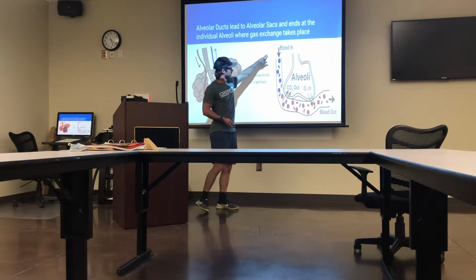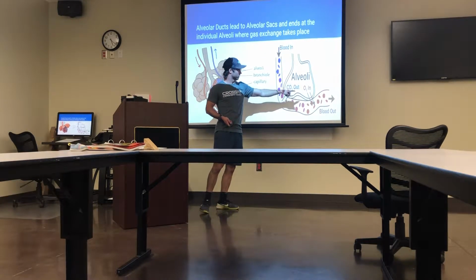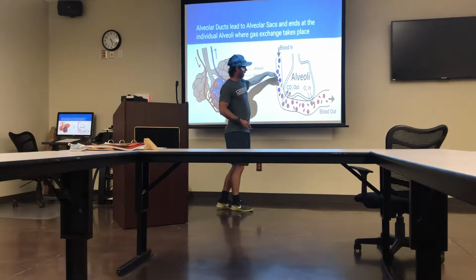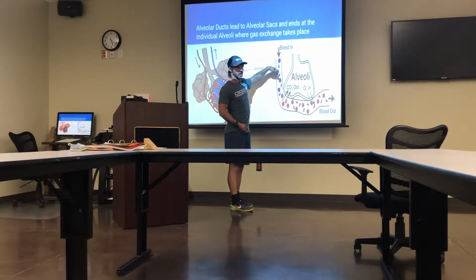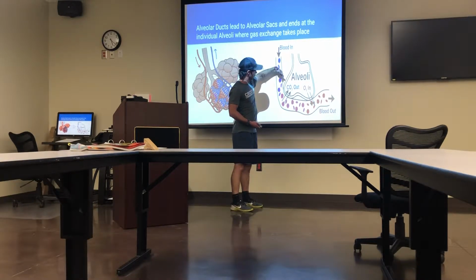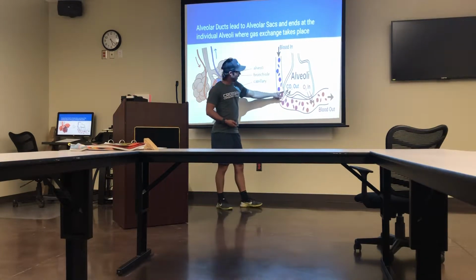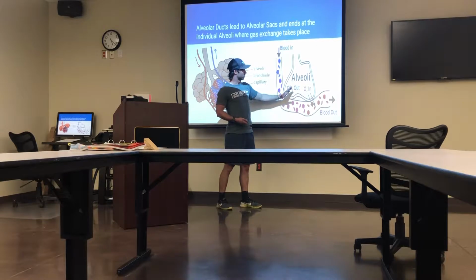Your oxygen-depleted blood surrounds the alveoli, CO2 leaves, oxygen comes in. When you have patients with asthma or some kind of obstructive pulmonary disease, you'll get mucus or fluid in here, and it obstructs gas exchange.